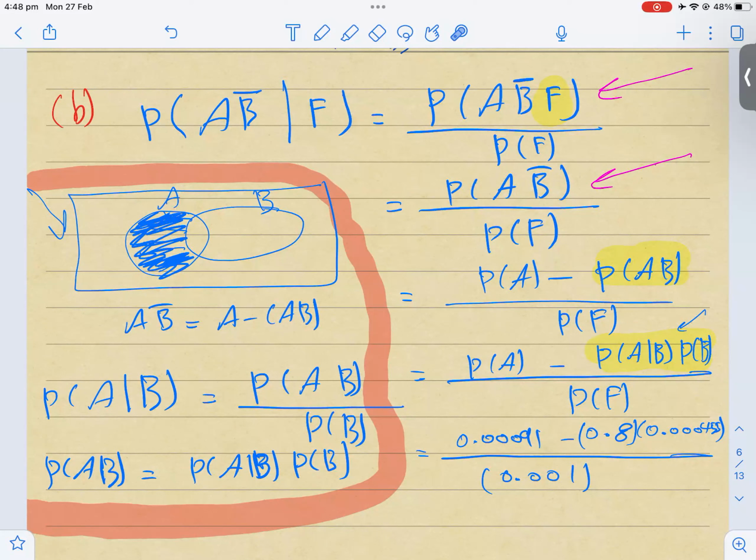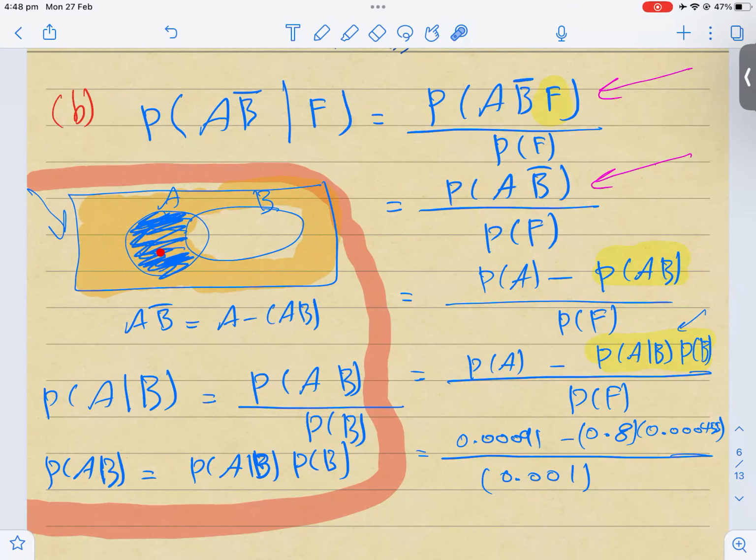B complement will be this part, every orange color which is outside of B. Now, if I have A intersection with B complement, it will be just inside A, outside of B. So that's why this part highlighted by blue is probability of A, B bar.